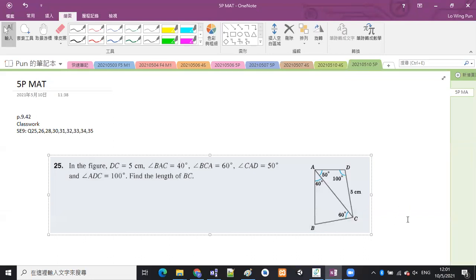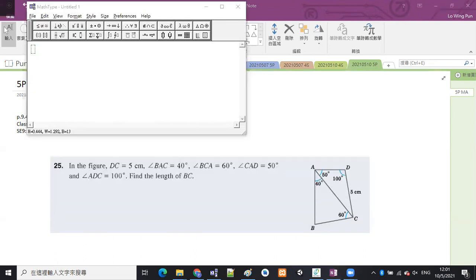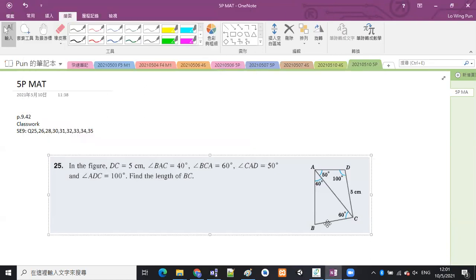Because I think it must be useful for the third angle. So in triangle ACD, angle ACD will be 180 degrees minus 50 degrees minus 100 degrees, angle sum of triangle, which is equal to 30 degrees.